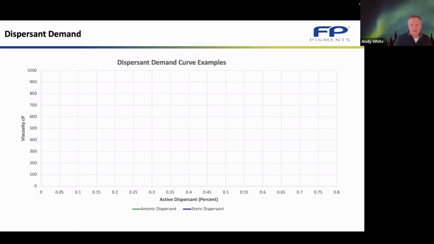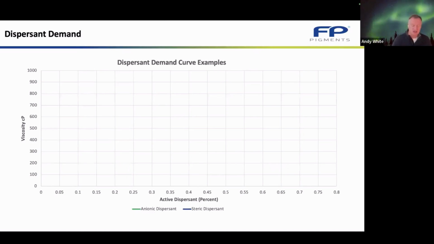And a little bit like with the Daniel flow point, which is a very empirical method, you can actually do some measurements with different dispersants and different titanium dioxides, called dispersant demands, to understand the interaction between titanium dioxide and the different dispersants.